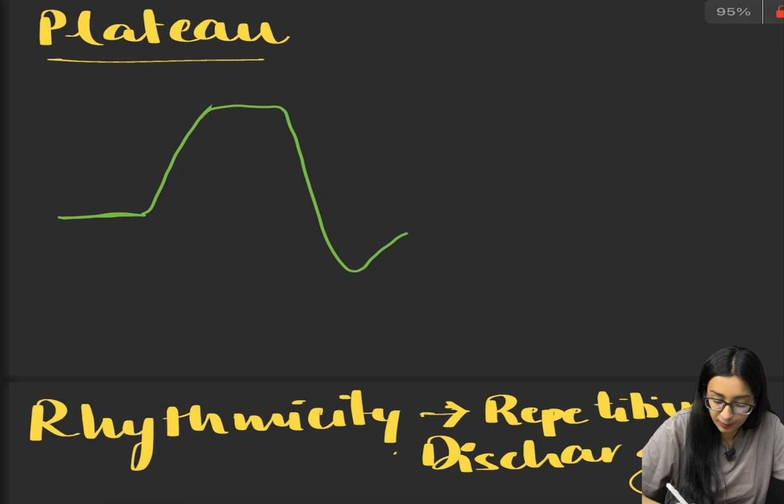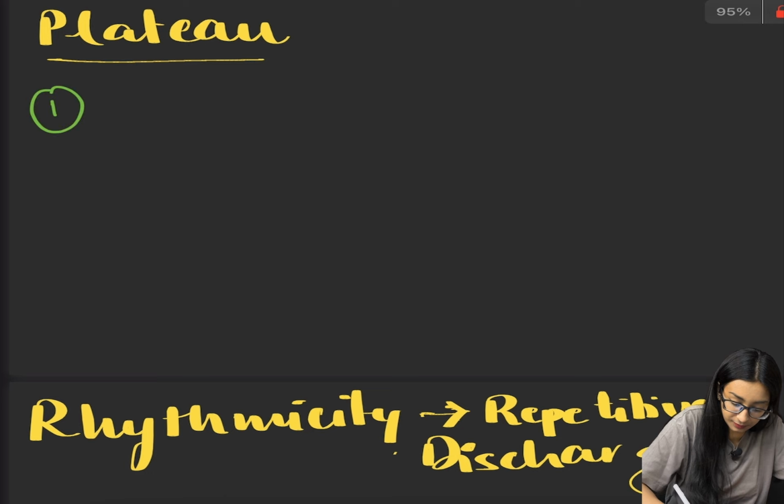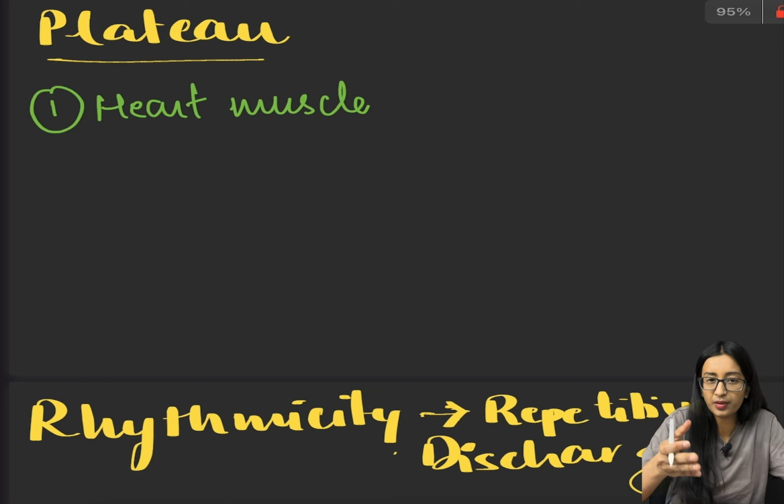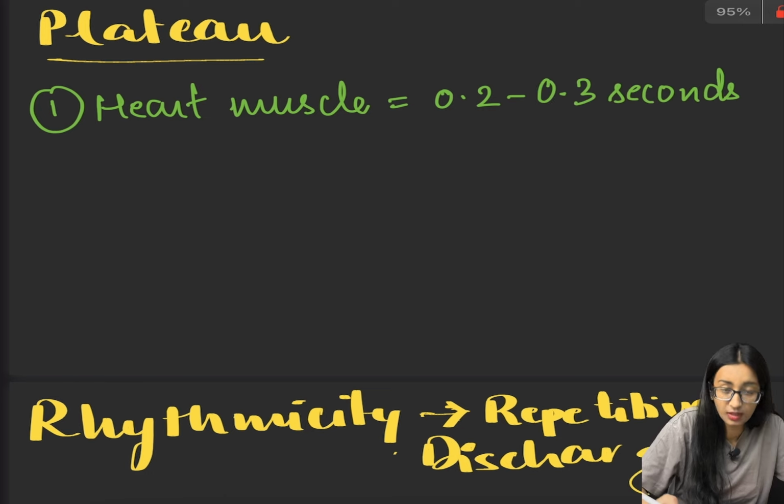So this plateau is seen in heart muscle. That is, there is a gap between the depolarization and the repolarization. In heart muscles, it is about 0.2 to 0.3 seconds. So there is a plateau, which leads to the contraction of the heart.